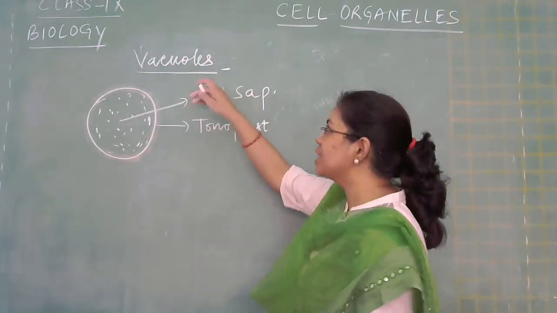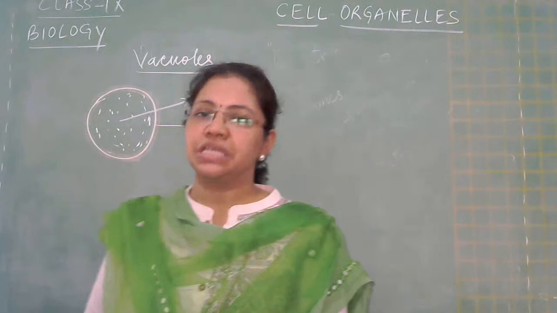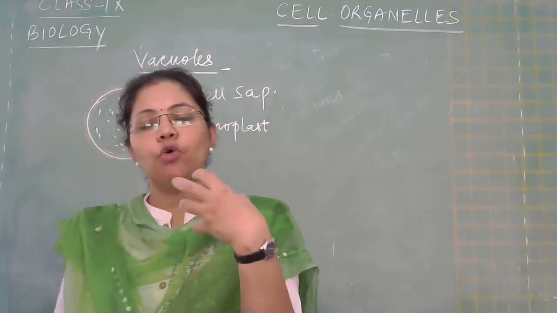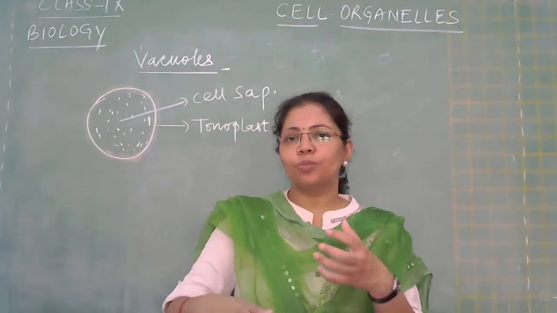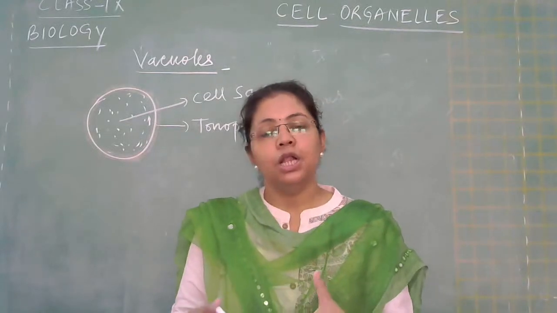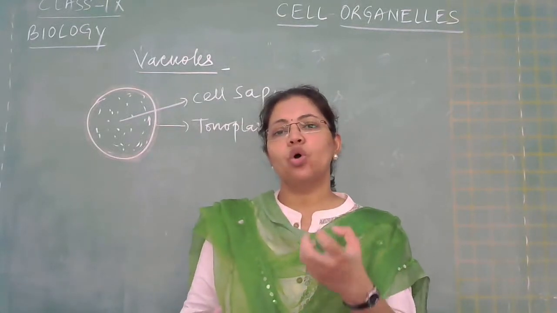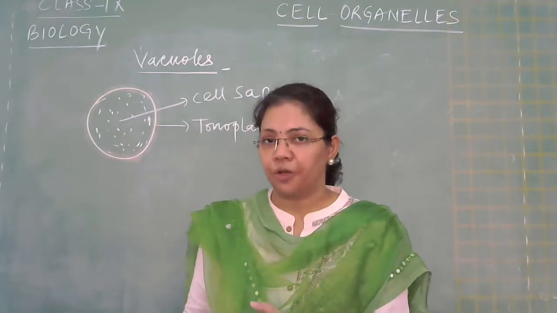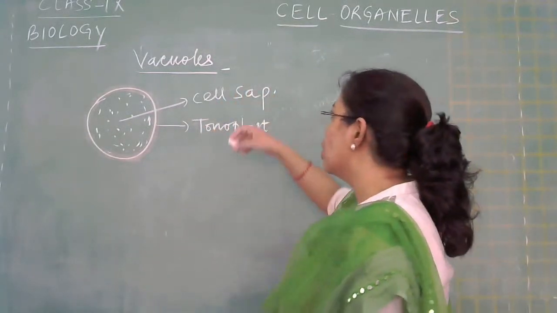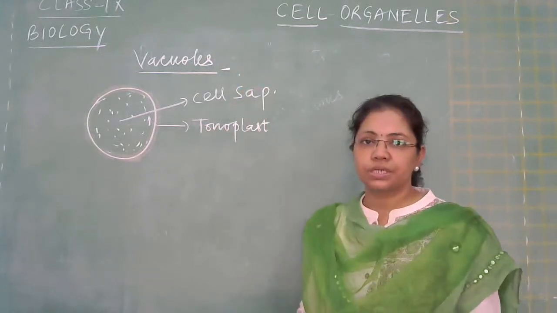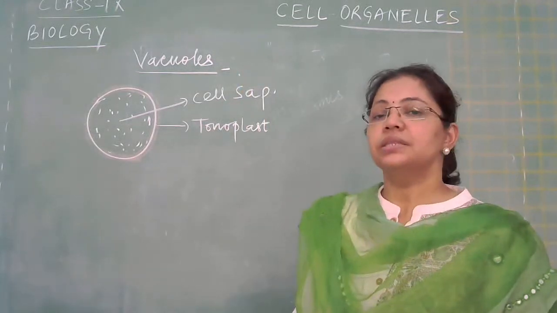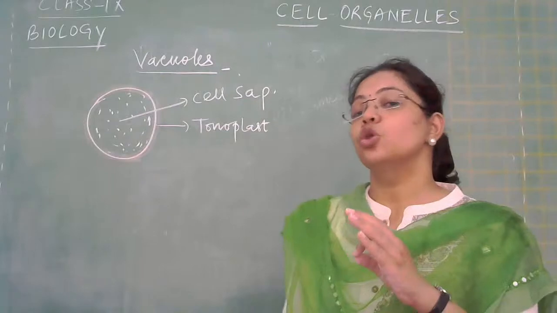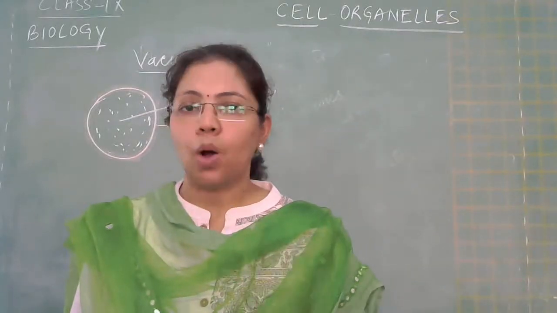Now vacuoles means empty. ये वो सेल ऑर्गेनल्स हैं जिनको जब हम माइक्रोस्कोप के नीचे ऑब्जर्व करते हैं सेल में, तो they look as empty, as if they don't contain anything, right? So those cell organelles are vacuoles. Another thing, these vacuoles are not double membrane bound.